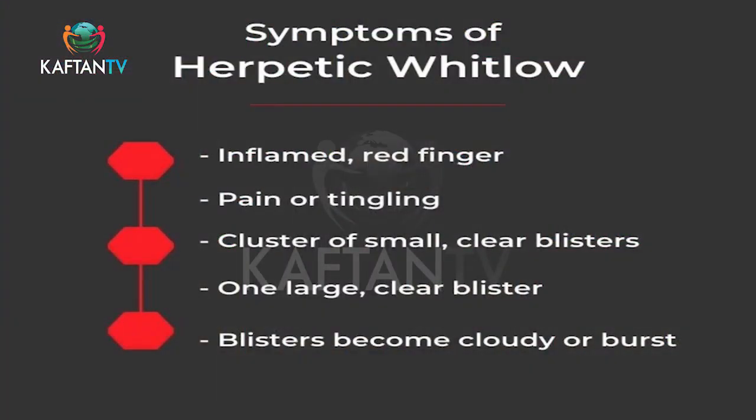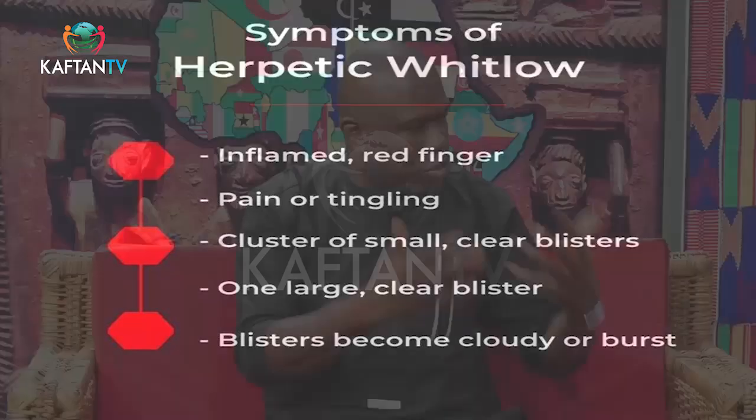So talking about Whitlow, how is it different from other types of herpes infections? If it's herpetic Whitlow, herpes simplex can affect all parts of the body, from the genitalia, for example. That's what is called genital herpes. It is a sexually transmitted infection.